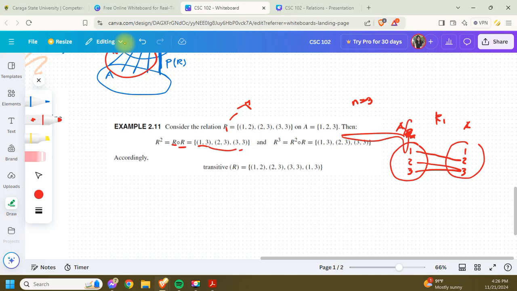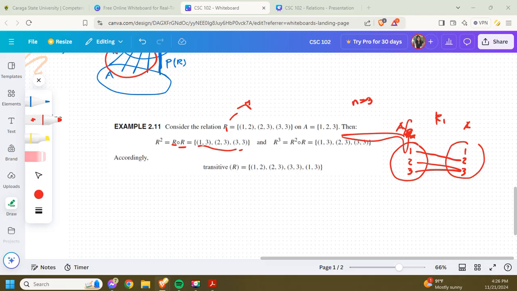So technically, what you're going to do is, let me recall first. So here, to get your R2, we need to find the transitive relations of R1.